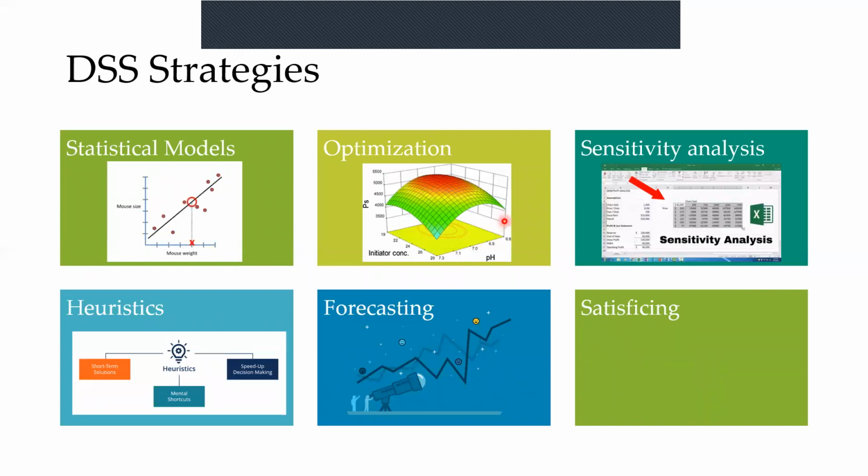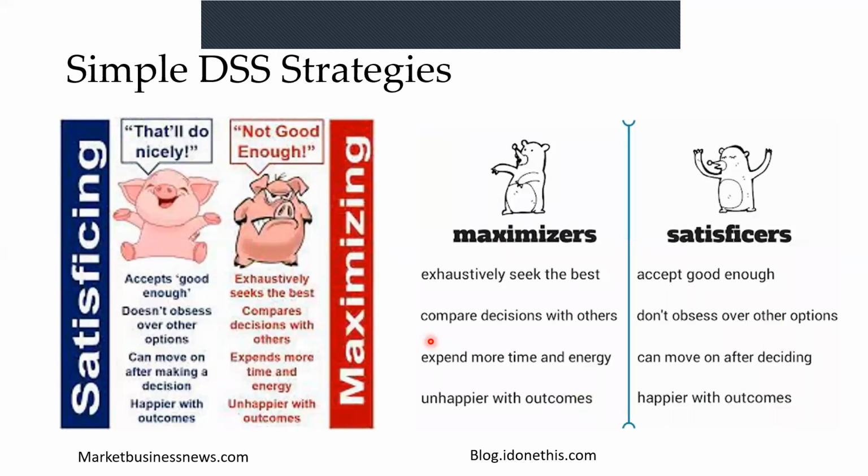So we can use that to find the optimum. We have heuristics, forecasting, and I just want to share this picture on satisficing to explain further what it means by comparing it with maximizing.